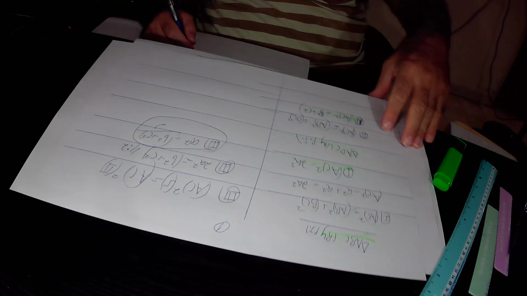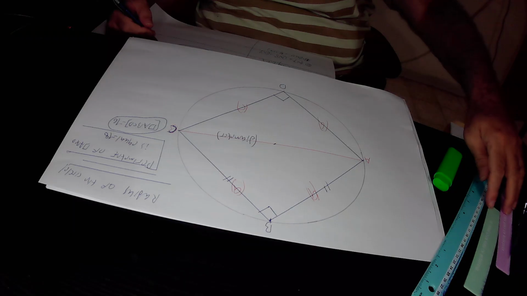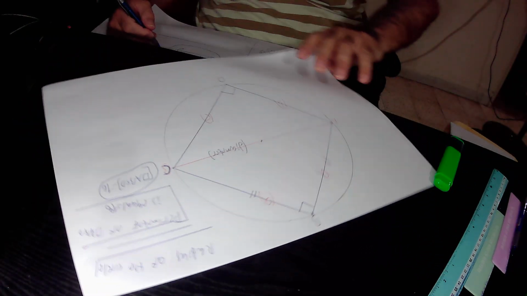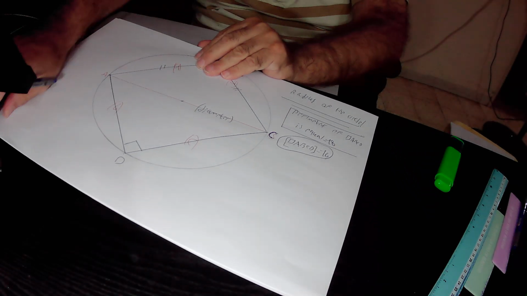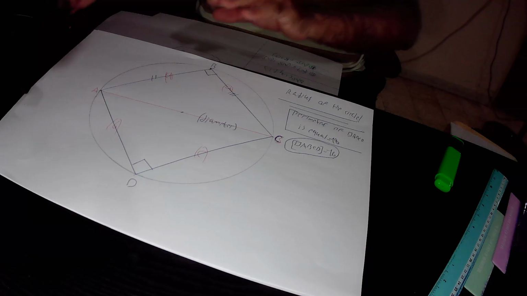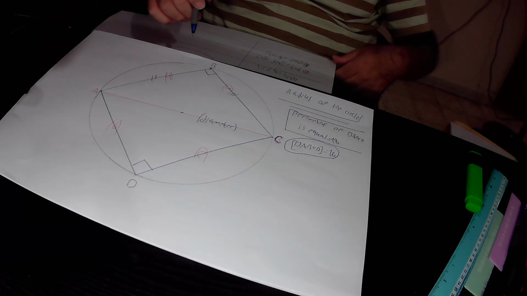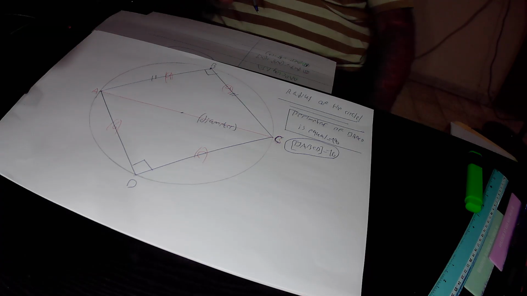It's given in the question that the perimeter of this quadrilateral ABCD is equal to 18 units. That is to say, AB plus BC plus CD plus DA equals 18.